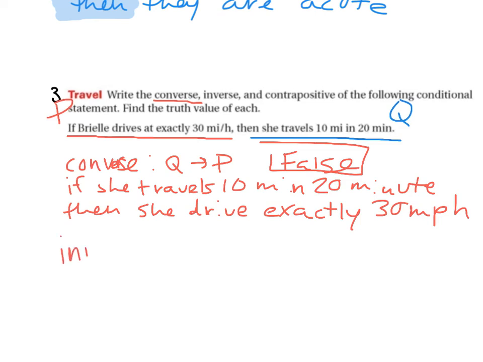So now let's look at the inverse. What's the inverse in terms of P and Q? If not P, then not Q. So how would we say this in terms of Brielle's driving?